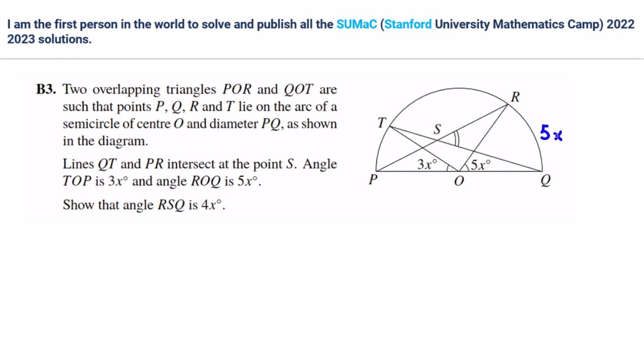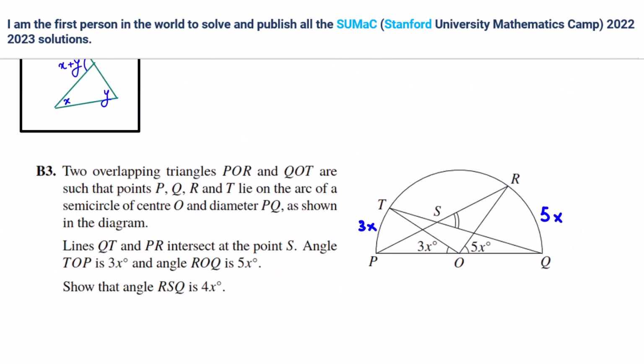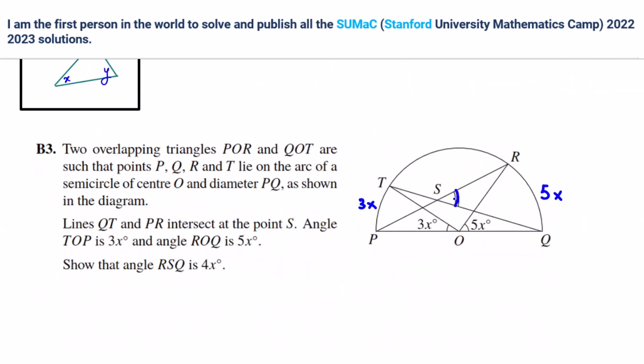What's this arc equal to? 3x. Yes. Now this is an internal angle. We said in an internal angle, we consider both arcs, the sum of them divided by 2. So what's this one? Yes, 5x plus 3x over 2. Finish. Whoa, that was a lot quicker.